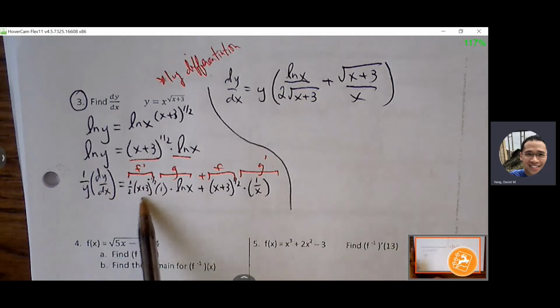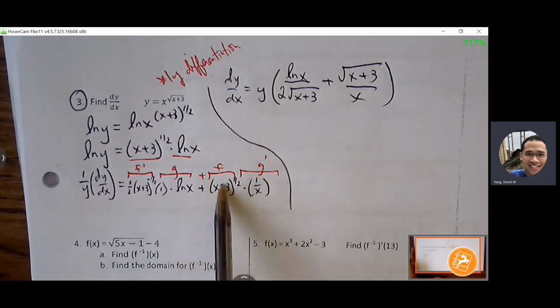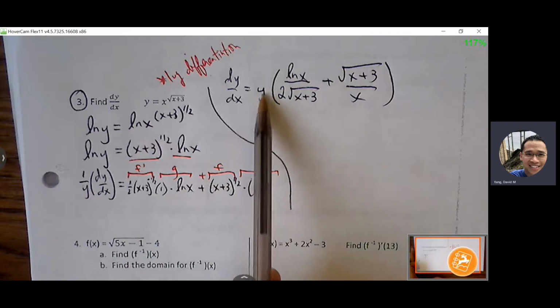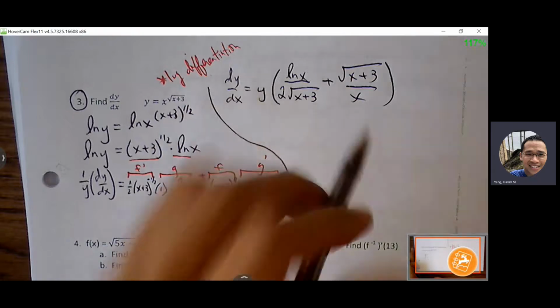I just spent the time to clean this up. All this is connected, so I just made it one fraction. This is connected, I made it one fraction. And then the final step, let's bring the original variable x back.